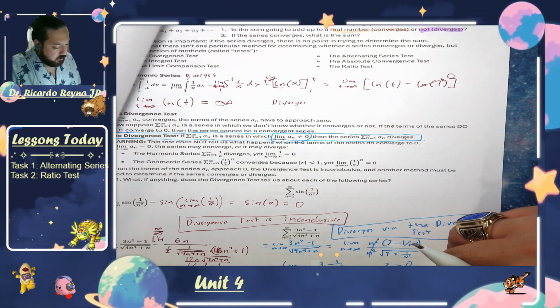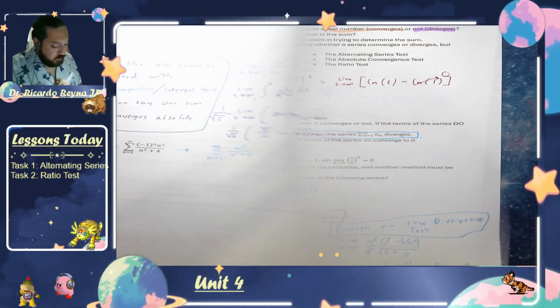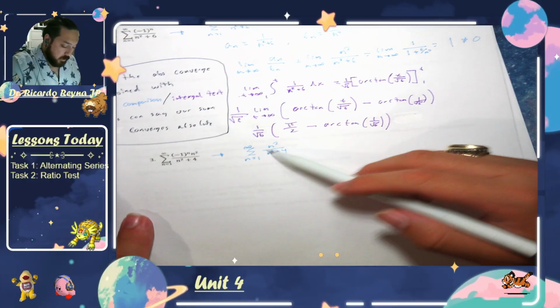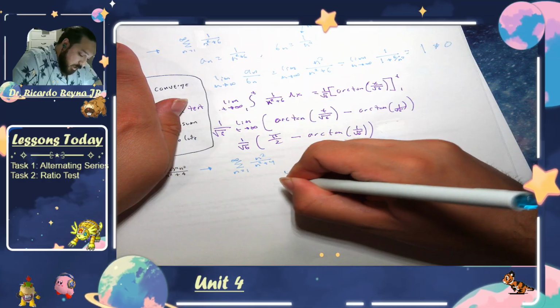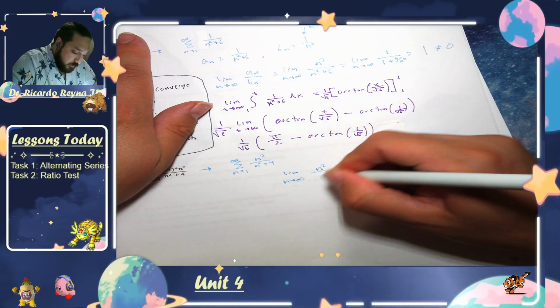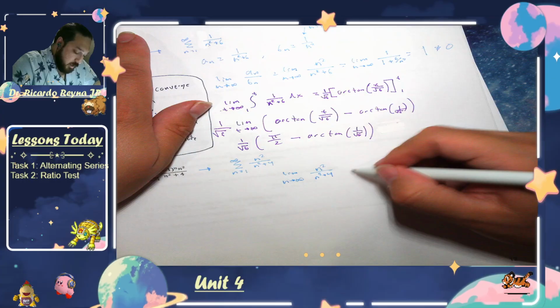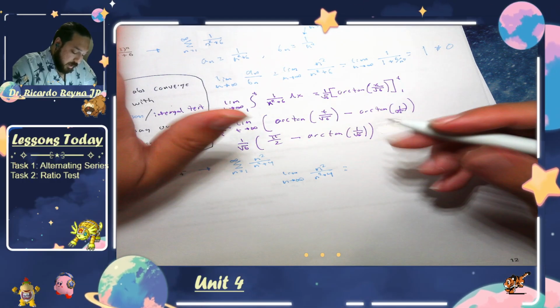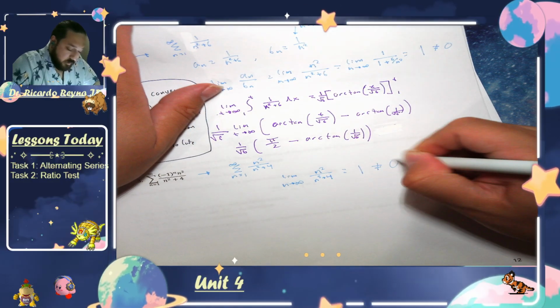The divergence test says that if this doesn't equal 0, then the series diverges, which here, I can already see that the limit as n goes to infinity of this will be a balanced equation, which will be equal to 1, which does not equal 0.